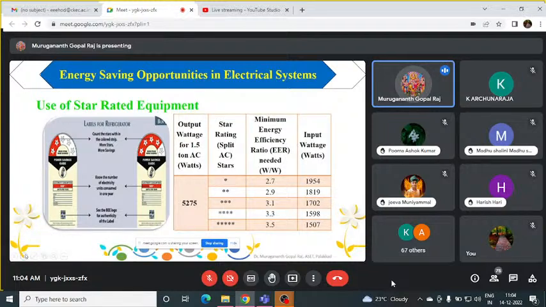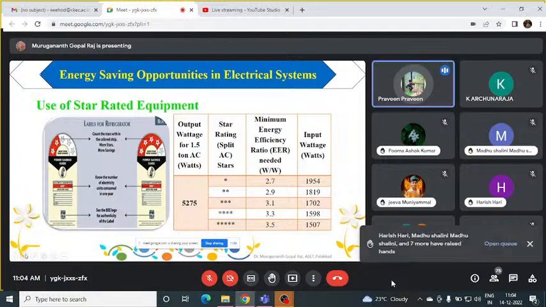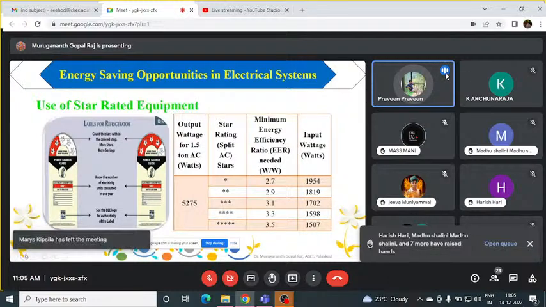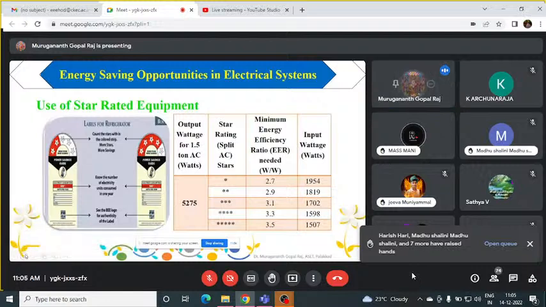For example, I have taken a 1.5 ton AC, which has a 5,275 watts output, for which the input required is 1507 if it is a 5-star rating, whereas if it is a 6-star rating, it consumes 295.